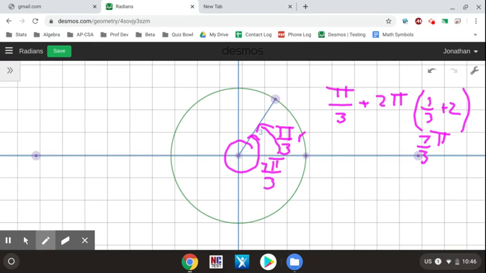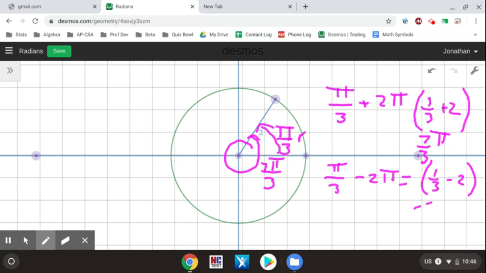To find a negative coterminal angle, instead of adding 2 pi, I would subtract 2 pi. Once again, if I'm dealing with radians, instead of adding and subtracting 360, which is all the way around the circle in degrees, I'm just adding or subtracting 2 pi, all the way around the circle in radians. So in this case, you could just think of that as 1/3 minus 2 in your calculator. No need to type the pi in your calculator. If you want the answer in terms of pi, you want pi on the paper. You don't need it in the calculator.